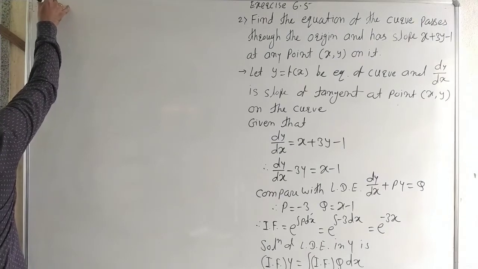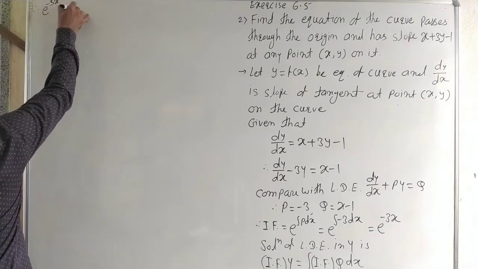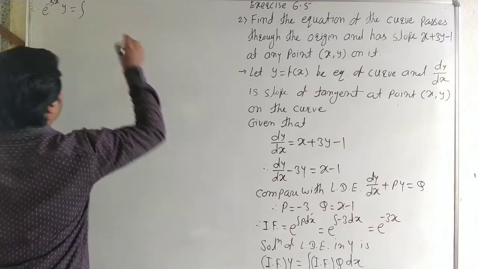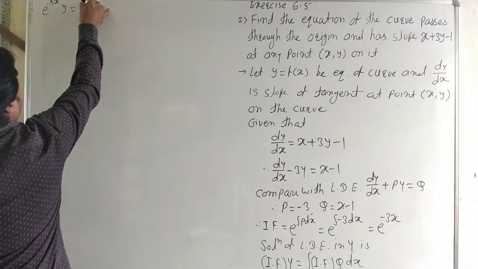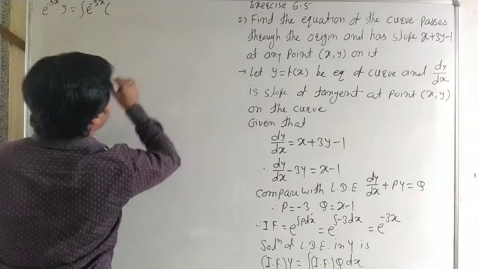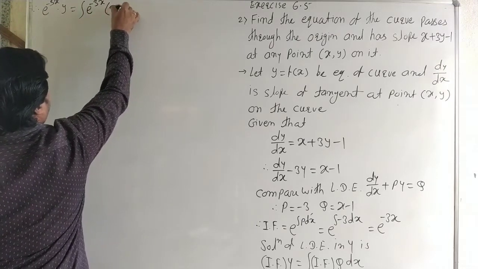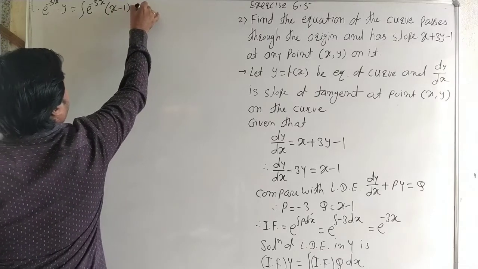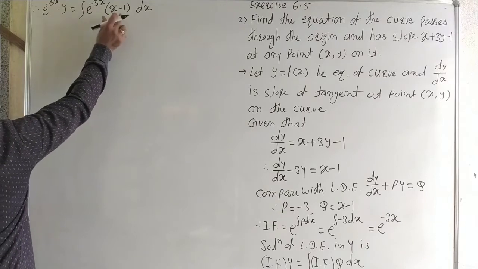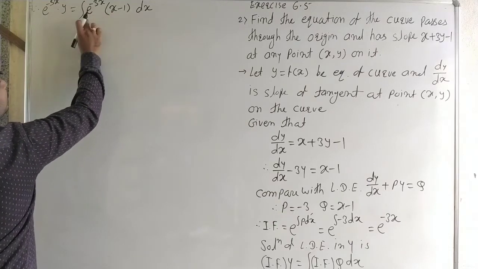e to the power -3x into y is equal to integration of integrating factor e to the power -3x into Q, which is (x - 1) dx. Okay, now here e to the power -3x into (x - 1), here we use u into v.